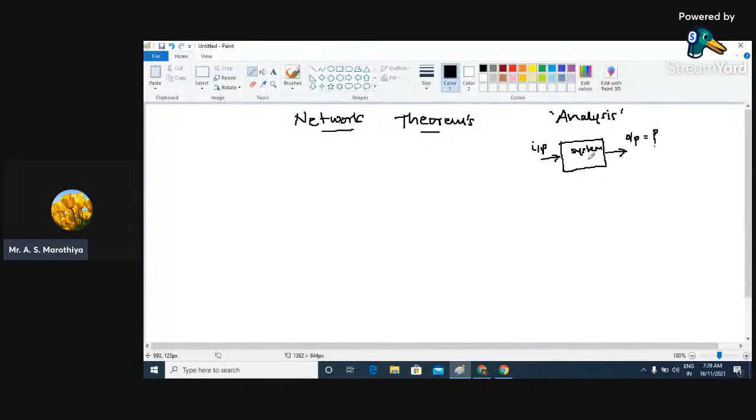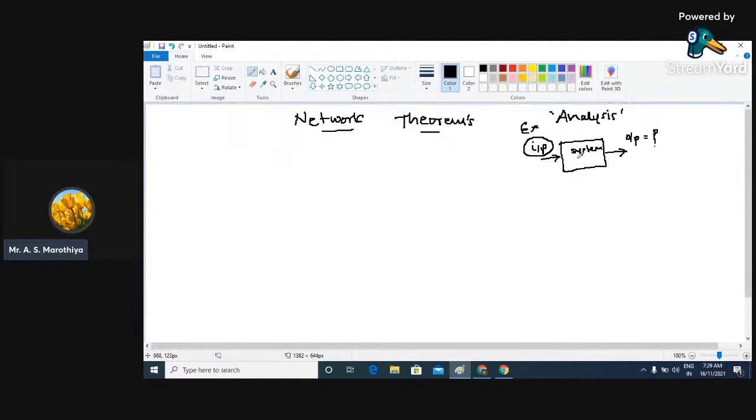For example, we know what exactly the system is, and we also know what kind of input we are going to apply to that system in the form of excitation, and we are trying to find out that if you apply this input to this particular system, what will be the output. That process is called analysis.